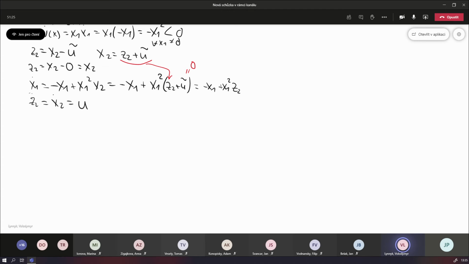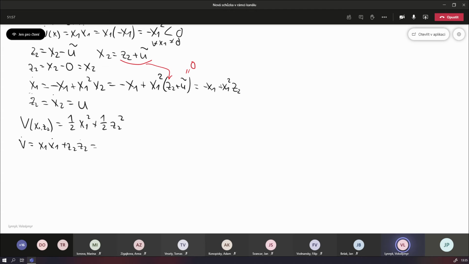And now we need to design this V of x1, z2 equal to 1/2 x1 squared plus 1/2 z2 squared, and the derivative V dot equal to x1 x1 dot plus z2 z2 dot.